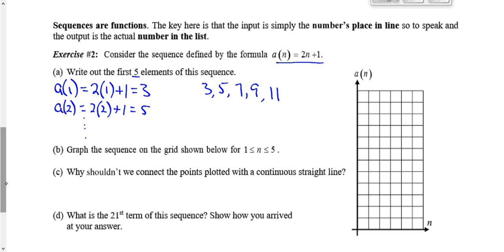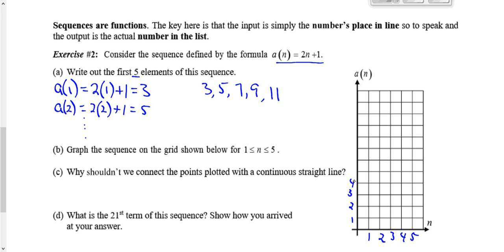So from 1 to 5, here's our n. There'd be 1, 2, 3, 4, 5, place in line. And for the output we've got 1, 2, 3, 4, 5, 6, 7, 8, 9, 10. So we've got enough room, right?